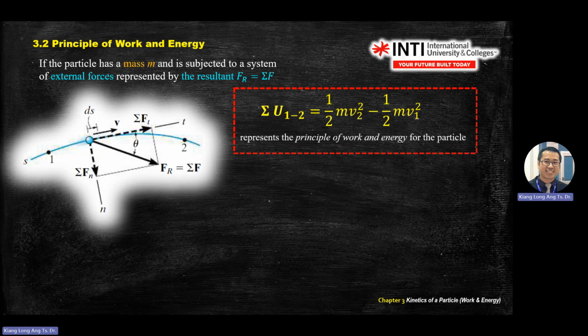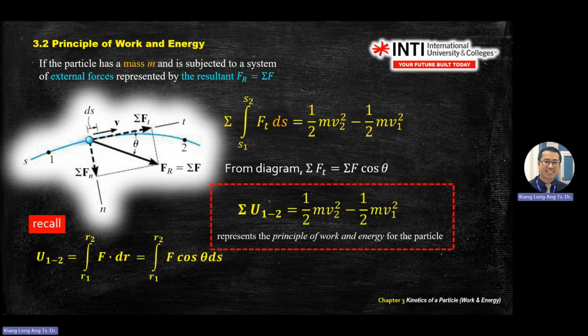Either the question asks you the initial velocity or the velocity after, and the work done, you can find from the force multiplied by the distance traveled. So either force missing, distance missing, or velocity missing; mass will be given. So only 3 unknowns from this formula.